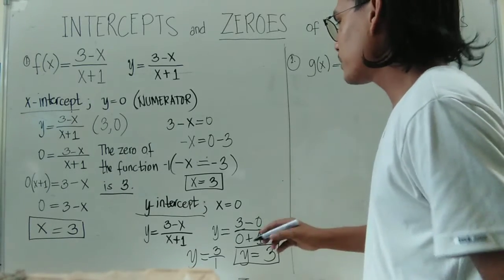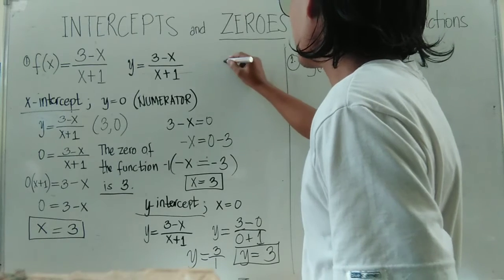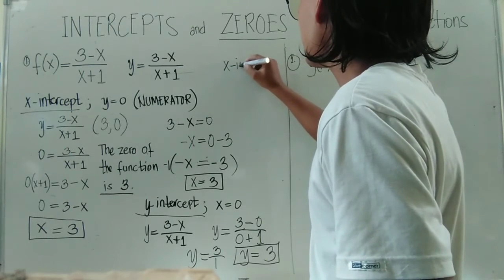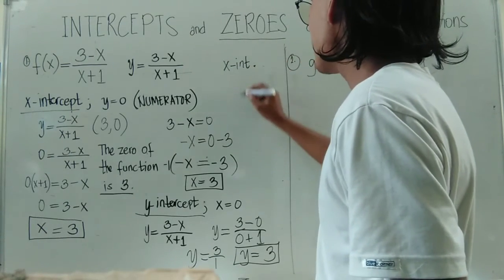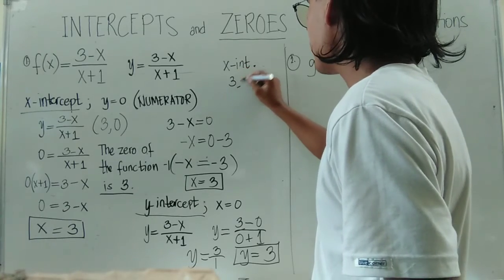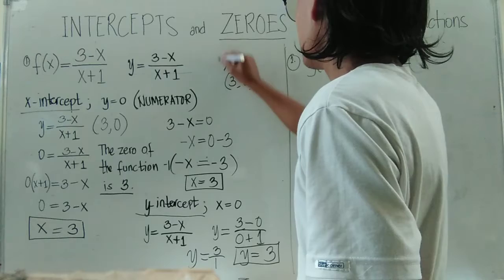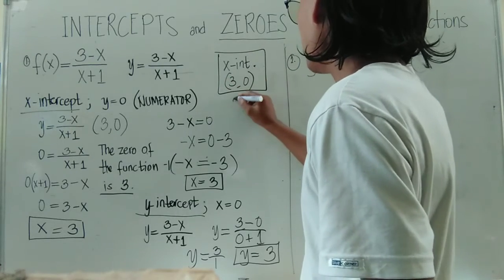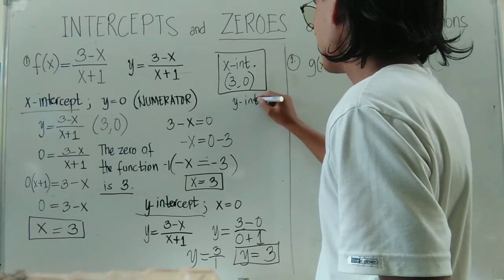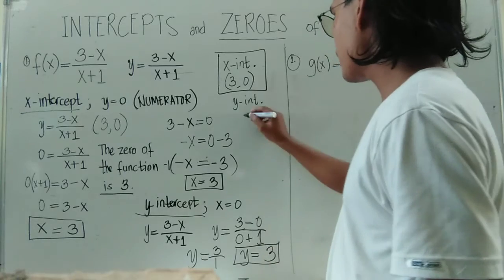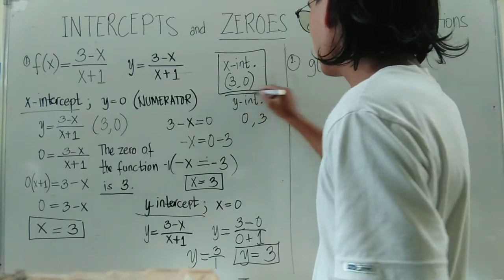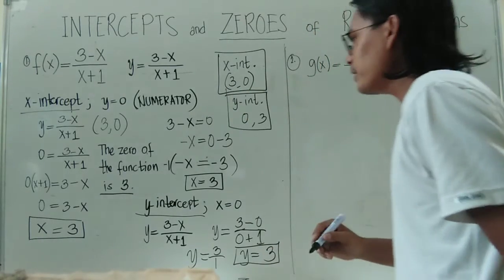So in summary, we can say that your x-intercept is at point 3, 0. Okay? Your y-intercept is at point 0 and 3. Okay?